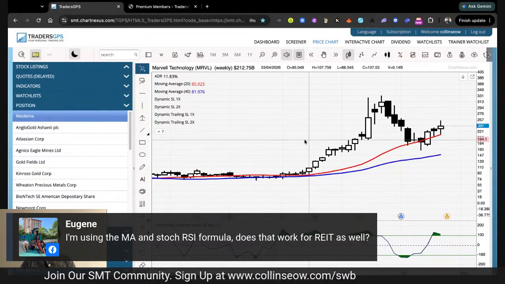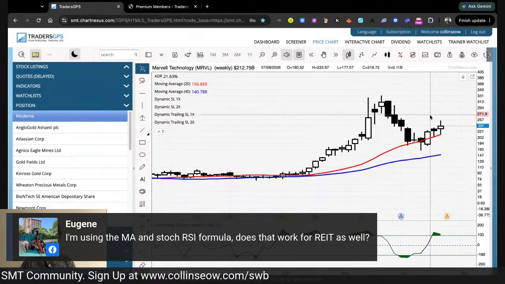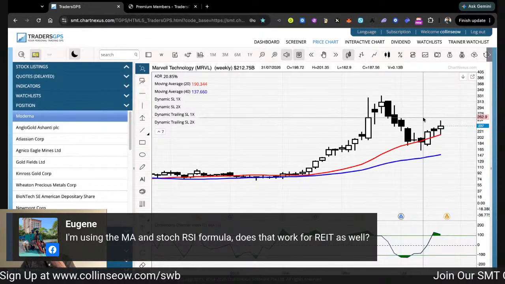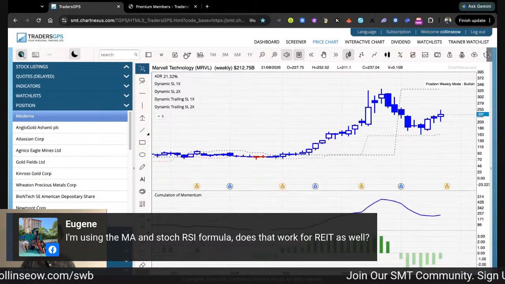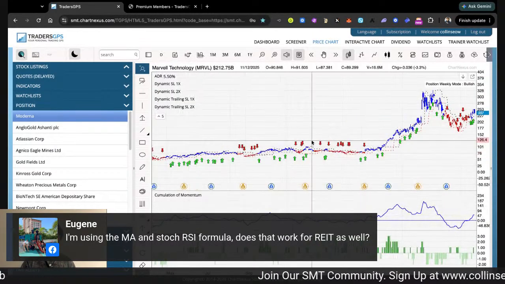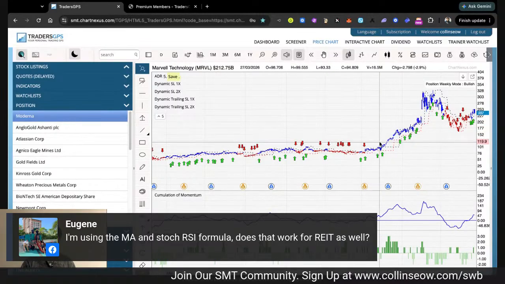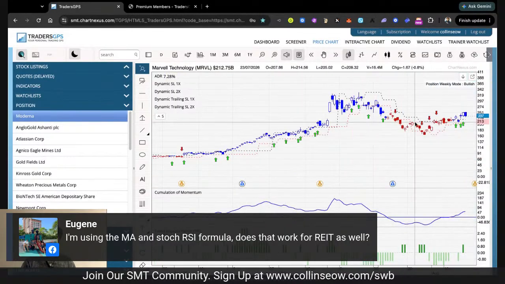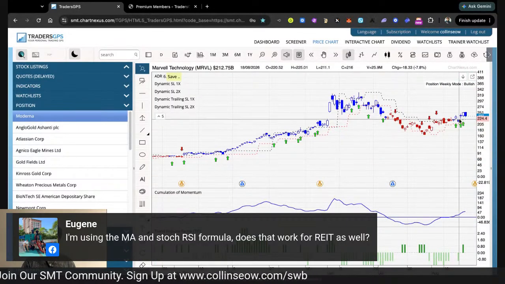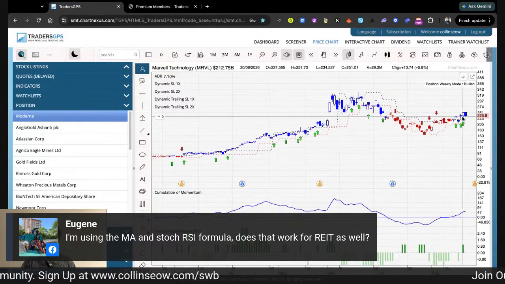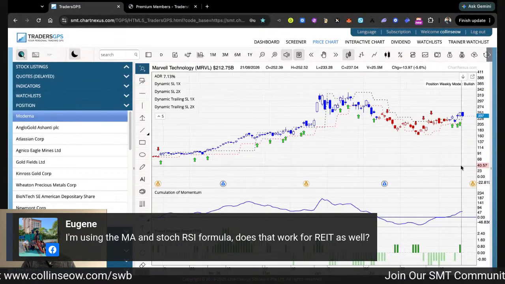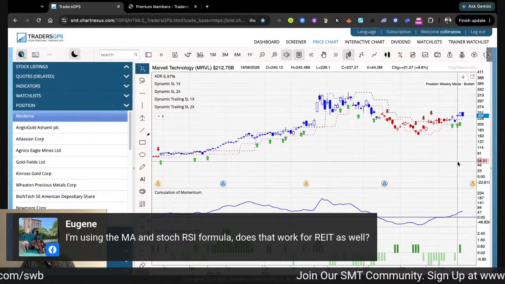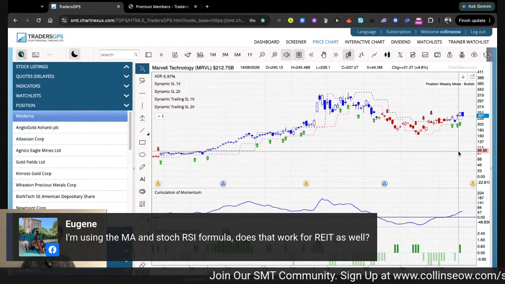Now, 3 to 9 months is different. For 3 to 9 months, I go to position daily. Right now, this stock didn't hit a 6-month high already. If you can see that, it didn't hit a 6-month high already.